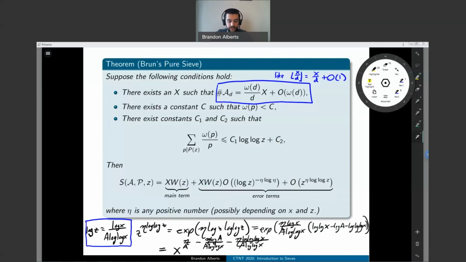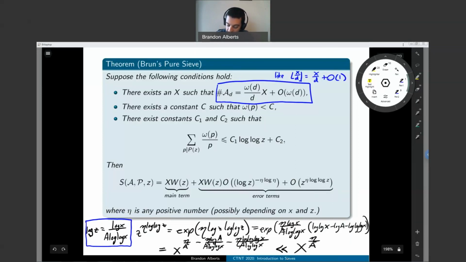If you look at this expression, these two terms are always negative. Eta is positive, a is positive, logs of x is always positive. So this is bounded above by x to the eta over a.